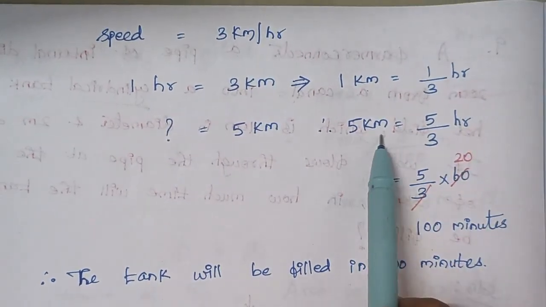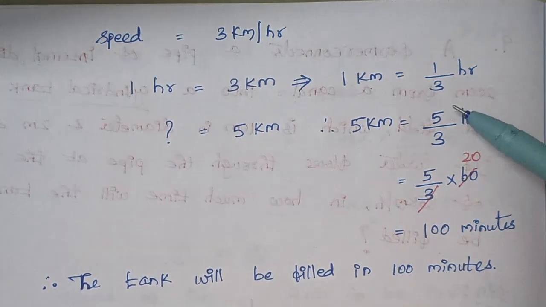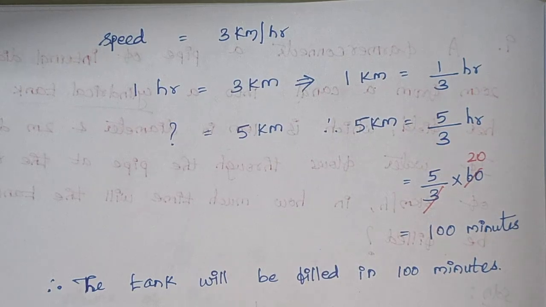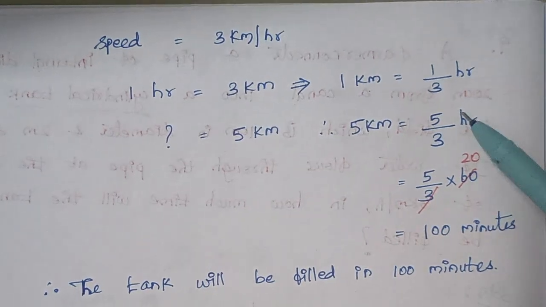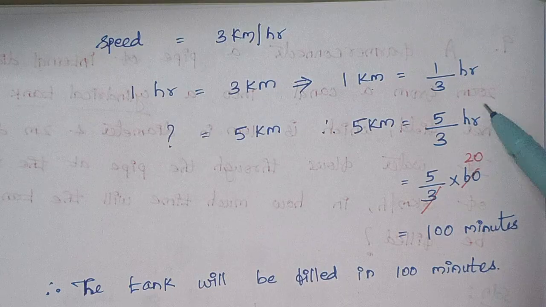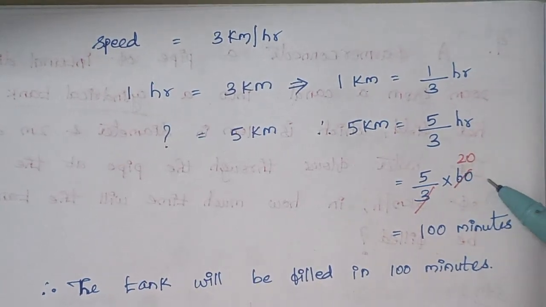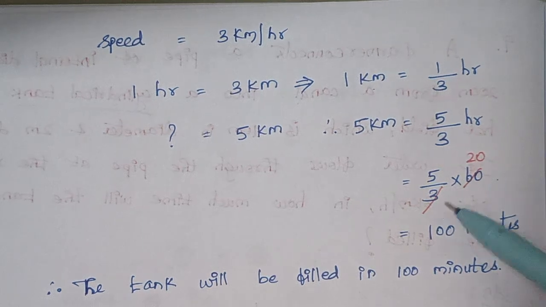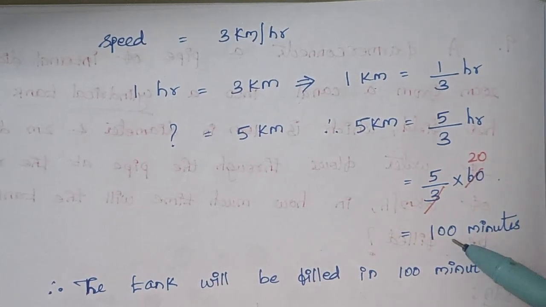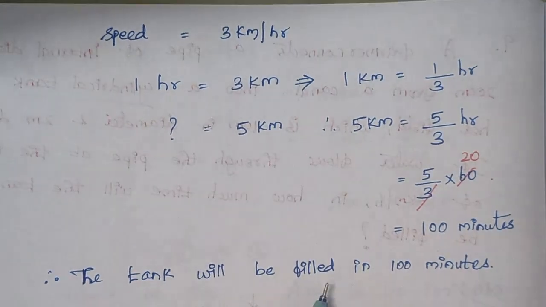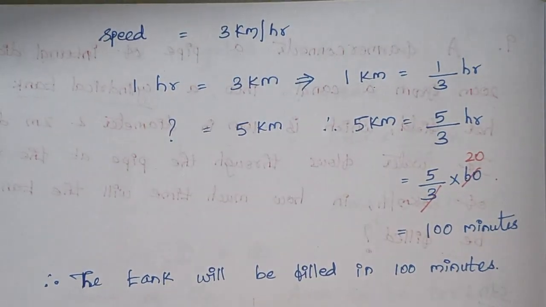Therefore for 5 kilometers, what is the time? It is 5 by 3 hour. As I want to convert this to minutes, 1 hour is nothing but 60 minutes. So I am replacing this 1 hour by 60 minutes here. Again 3 and 60 cancel and finally the answer is 100 minutes. So the tank will be filled in 100 minutes.